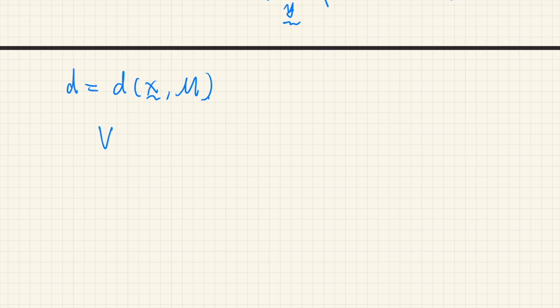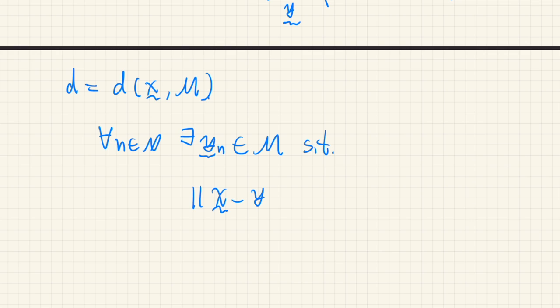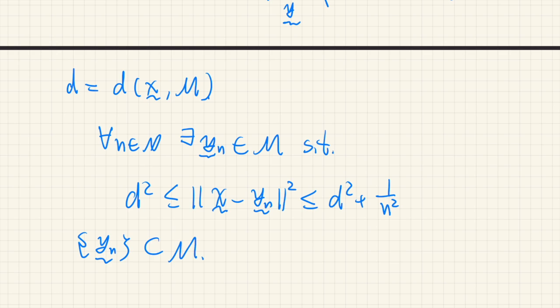Now, note that for each natural number n, there exists an element yn in M such that the square distance between x and yn is greater than or equal to d squared, and also less than or equal to d squared plus 1 over n squared. So we can construct a sequence of yn in M in this way.